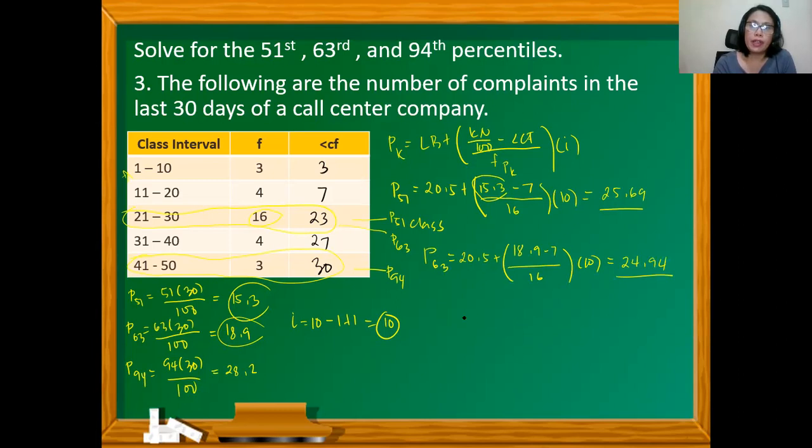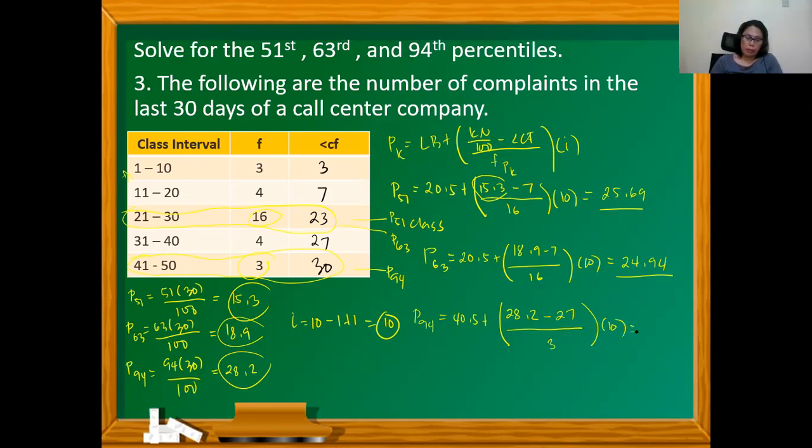And then lastly, for P sub 94, the lower boundary is 41 less 0.5, so this is 40.5 plus 28.2. The less than cumulative frequency is 30, and prior to this is 27, so this is minus 27 all over the frequency of the P sub 94 class, which is 3, multiplied by 10.